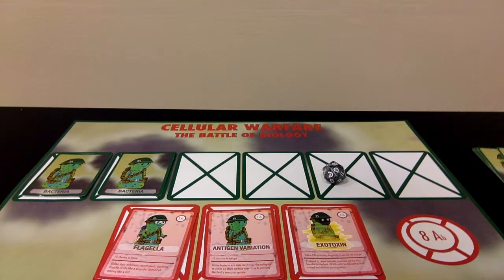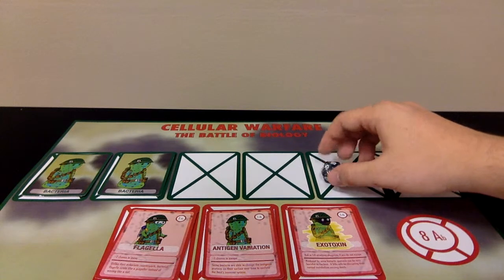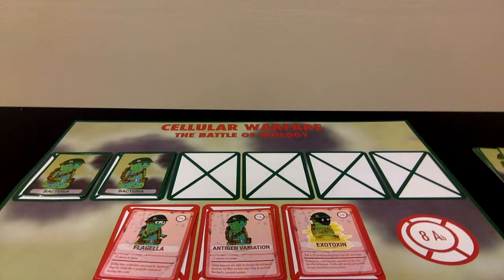So the cell gets to escape, and it's not detected by the body at this point. Since it wasn't detected, its turn just ends there. And because it didn't infect anything, it doesn't get to replicate at the end of the round.